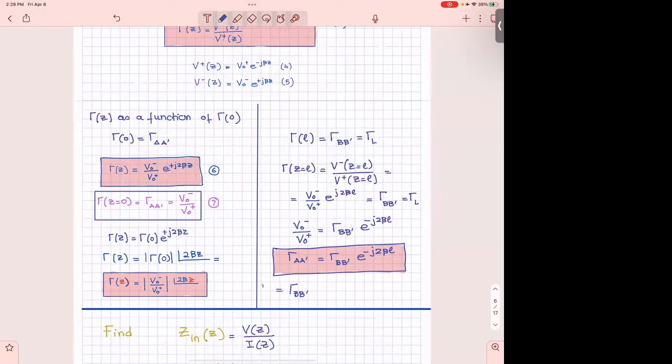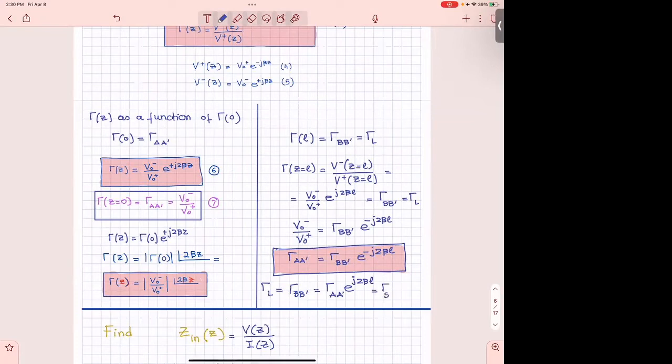You can also remember that gamma L is equal to gamma AA prime e to the j2 beta L, and gamma AA prime is gamma at the source.